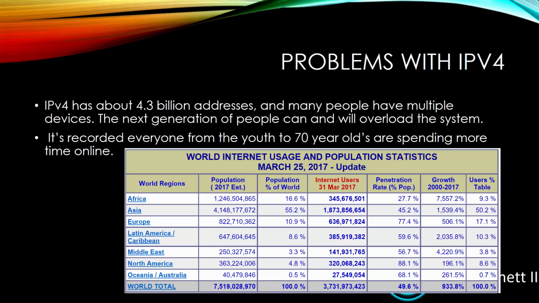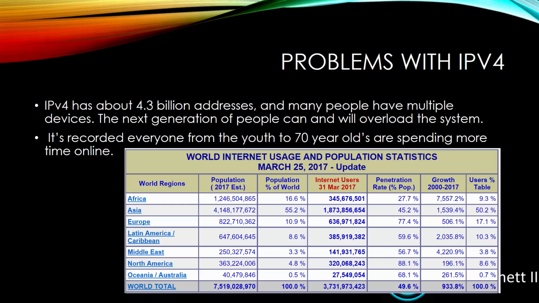So the problem with IPv4 is that it has about 4.3 billion addresses, and many people have multiple devices. The next generation will simply overload the system. If you take a look at the chart, which goes to one of the links I put down below, you have IPv4 with 4.3 billion addresses, and here you have internet users at 3.7 billion.